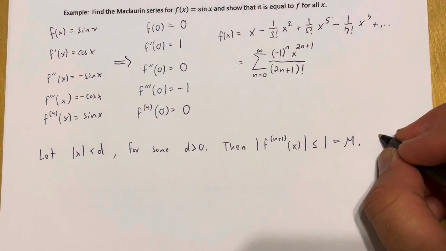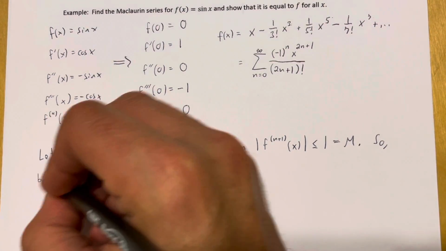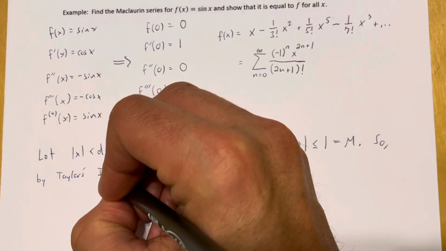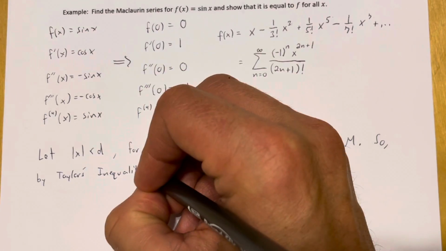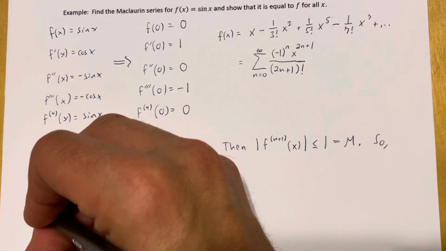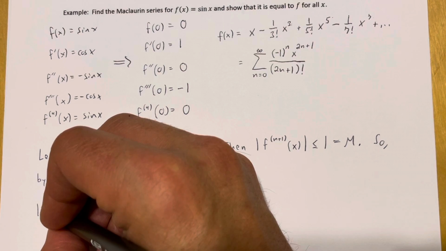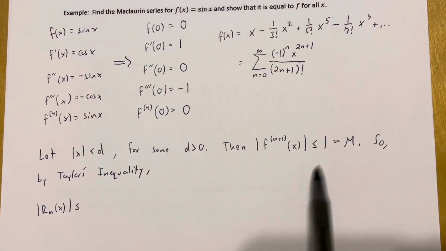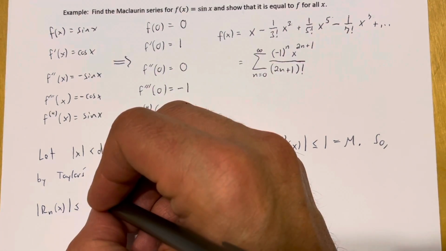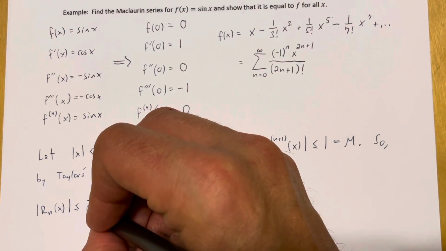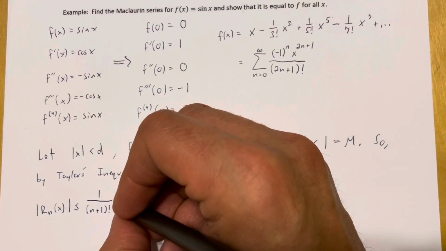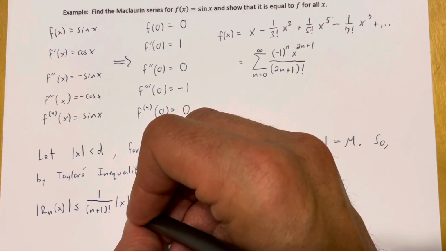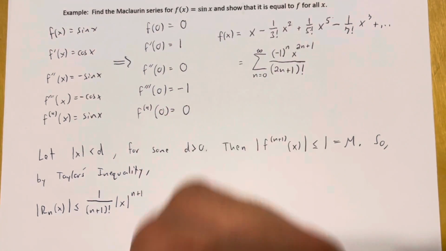So now, by Taylor's inequality, we can say this: the absolute value of Rn of x is less than or equal to capital M, which in this case is just 1, over n plus 1 factorial, times x minus a, but remember a is 0, so we just say the absolute value of x to the n plus 1th power.